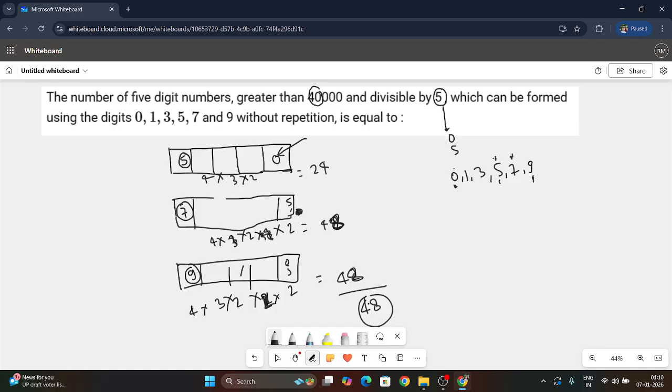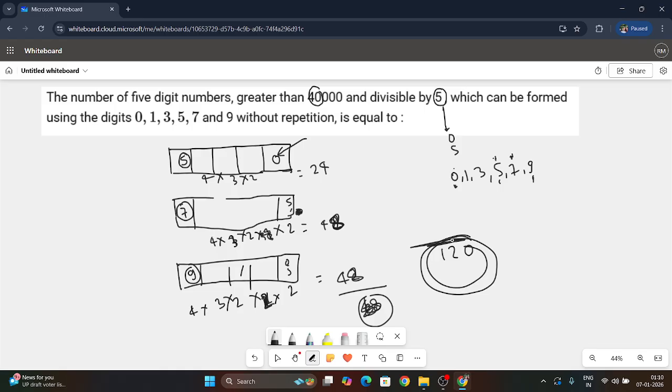So if you add all these things, what you will get? You will get 48, 48, and 24. Okay, so 120. You are getting 120. So 120 is the answer of this.